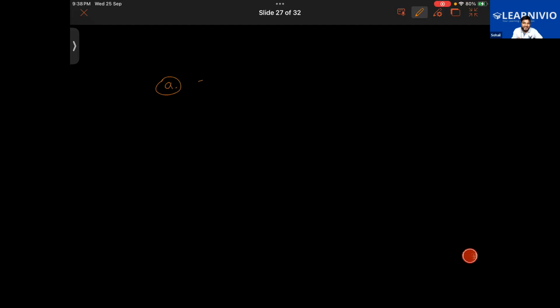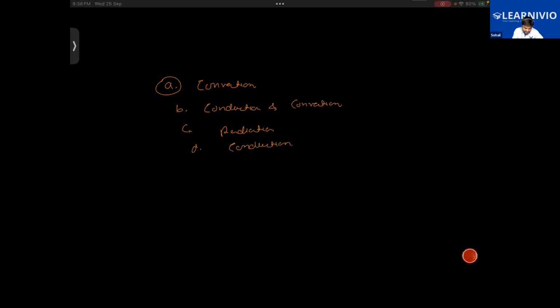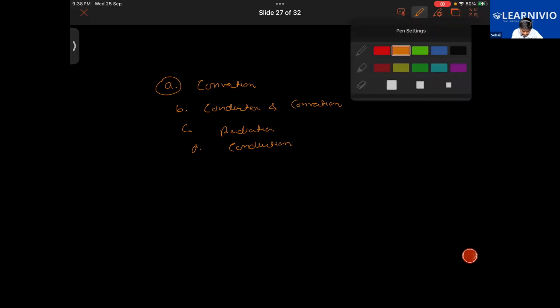The vacuum present in a vacuum flask reduces heat loss by convection, or by both conduction and convection, or by radiation, or only conduction? Think about this carefully and answer.